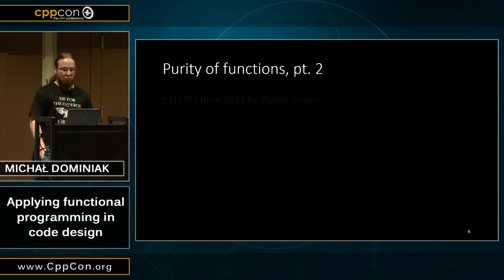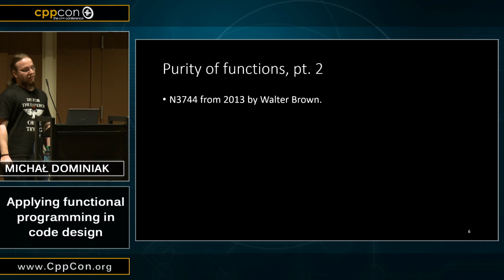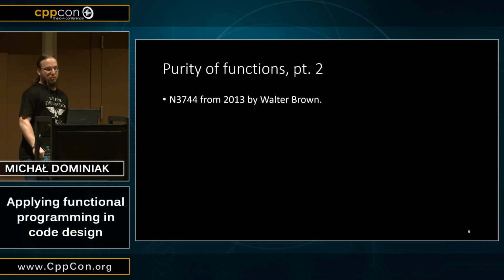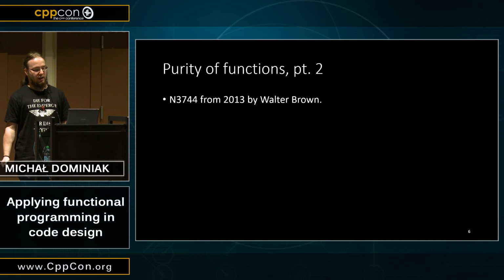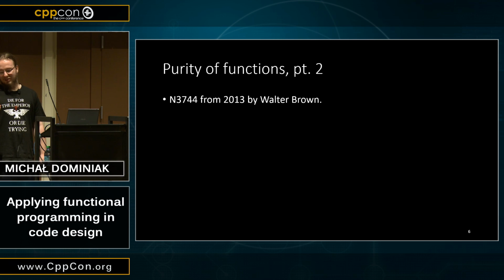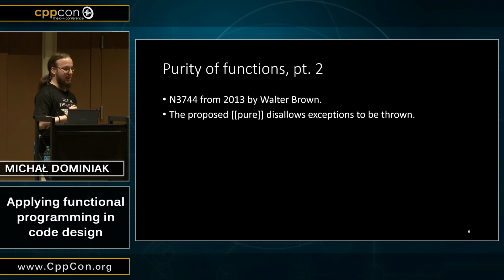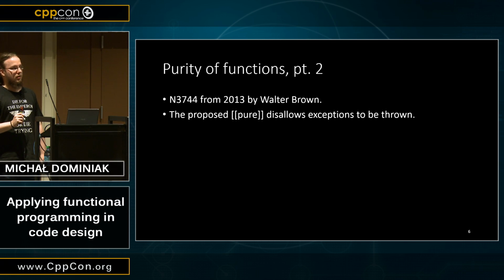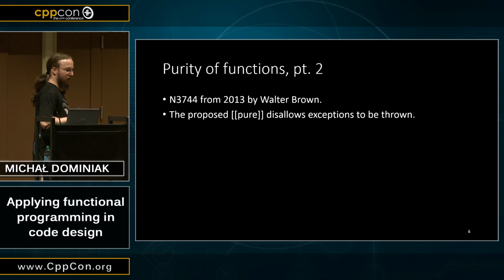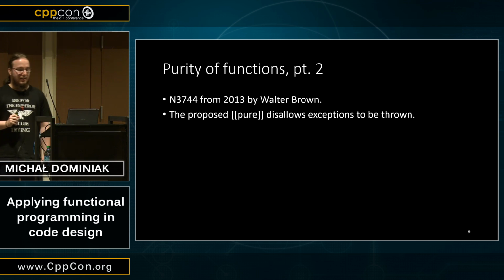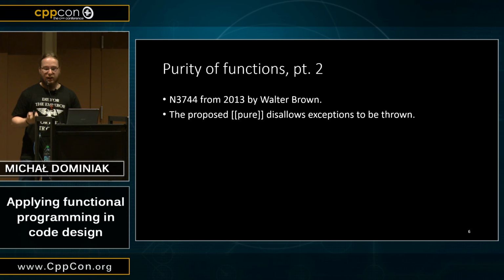Okay, so there was a proposal in 2013 by Walter Brown. I am not sure what is the status of that proposal. And it proposes an attribute that says you cannot throw an exception. If you throw an exception, your function is not pure. And I don't exactly agree with this approach.